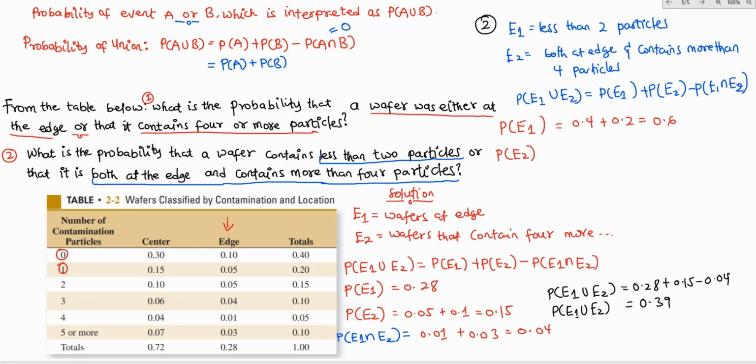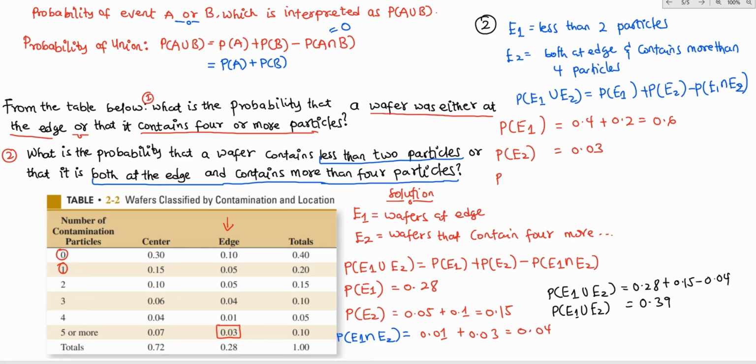Looking at more than four particles, we have just 0.03. So that will be the probability of a wafer being at the edge and having more than four particles.